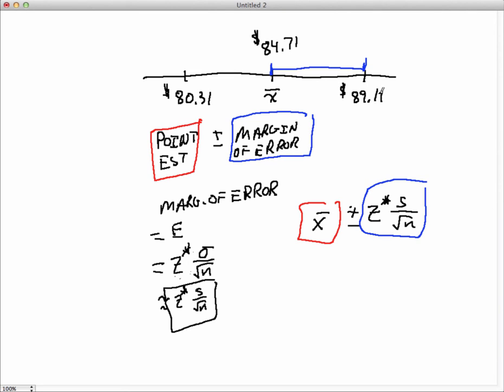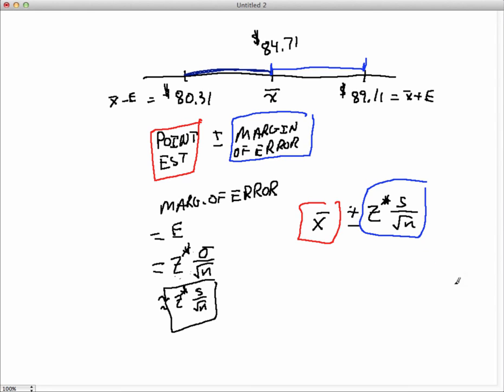In other words, this endpoint, 89.11 here, is equal to x bar plus the margin of error. And this endpoint down here is equal to x bar minus the margin of error, isn't it? So how do I calculate that distance right there? Got any ideas? Well, how about we find the total distance between the two endpoints and divide that by 2.